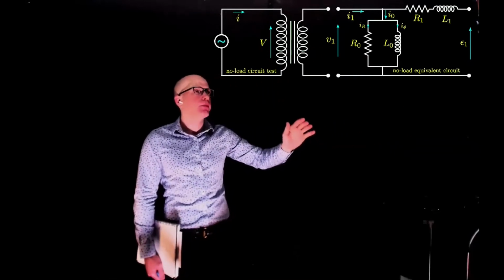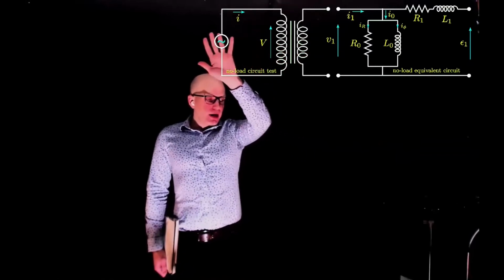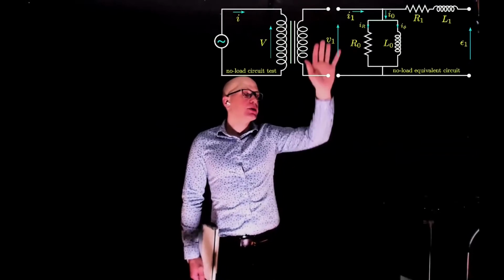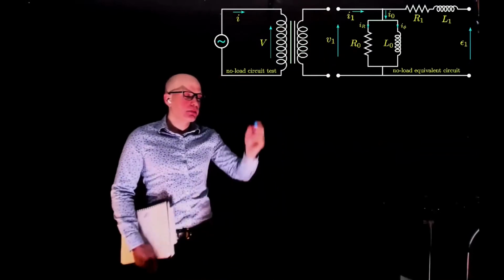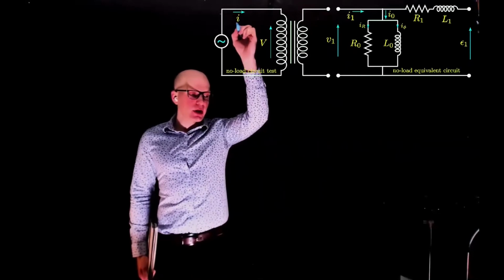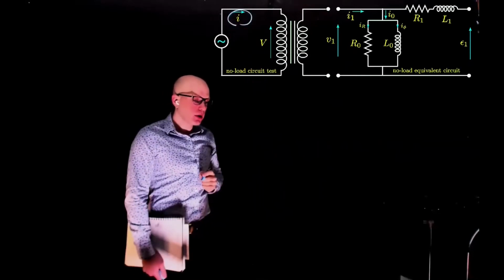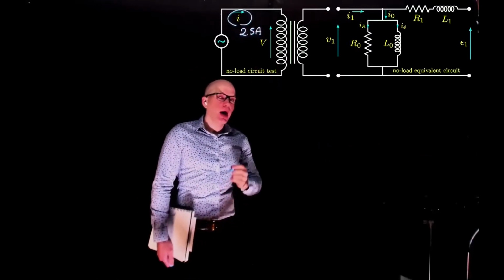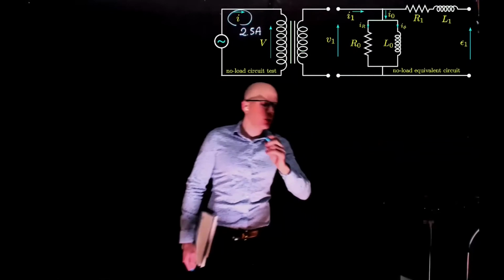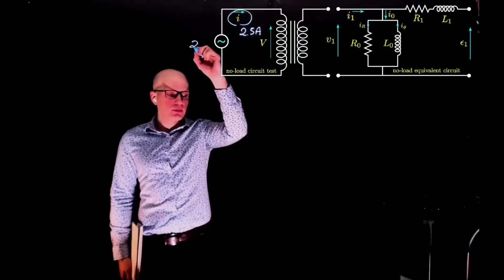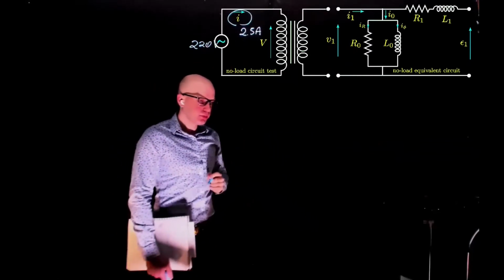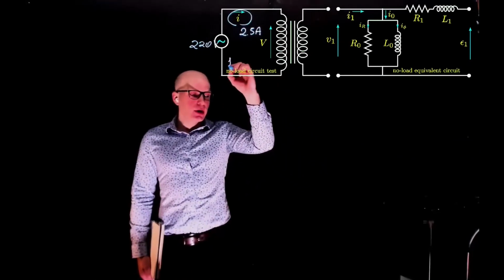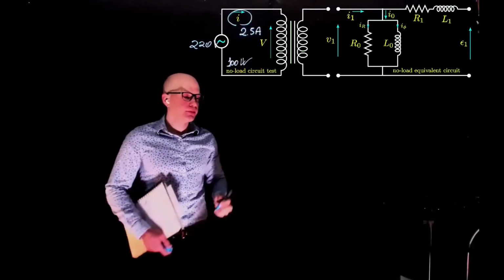We apply a voltage here and leave the terminals open, and despite that, we still have this current of 2.5 amps. The voltage we are applying is 220 volts, and in this configuration we are dissipating 100 watts.